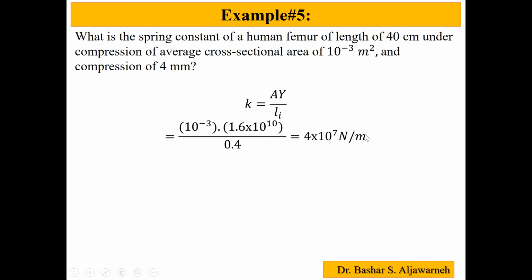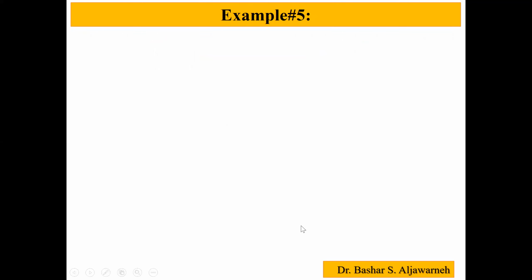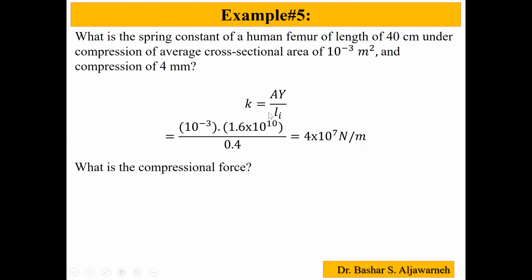What is the compressional force? In other words, the magnitude of the external force. We know from here F equals K times delta L. We already calculated K, and we know the amount of compression is 4 millimeter, but be careful. 4 millimeter, you have to convert into meter, which is 4 divided by 1,000.